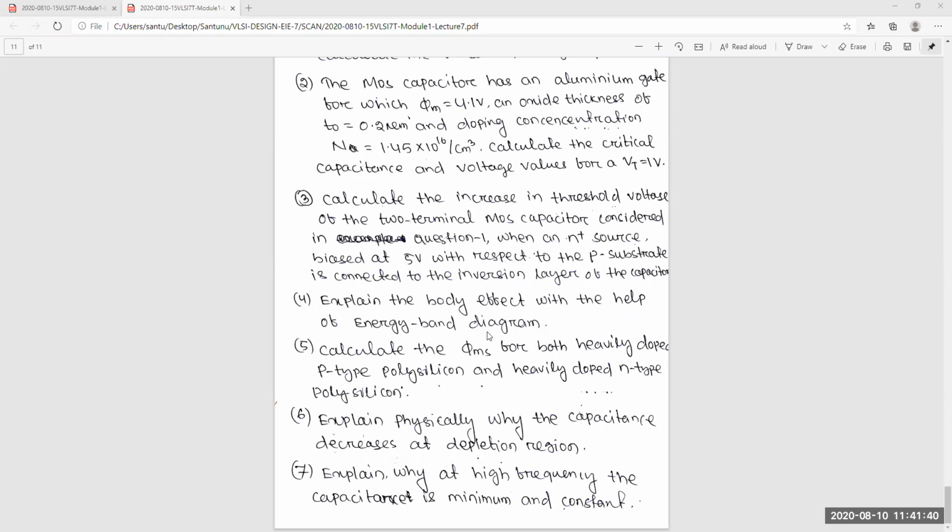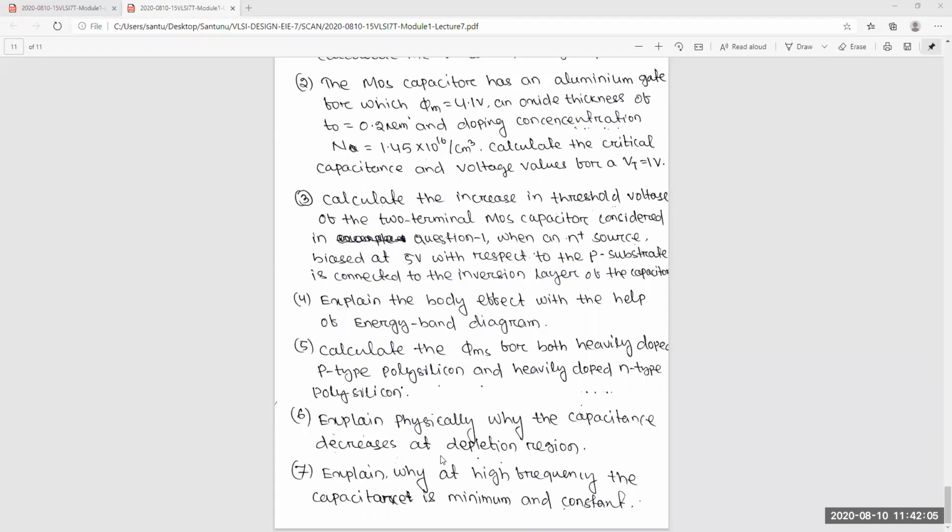Okay, so this is what I discussed initially. For p-type polysilicon or n-type polysilicon, you have to calculate the phi ms, the metal to semiconductor work function. Heavily doped means it almost touches EC or EV. The Fermi level will touch EC or EV.